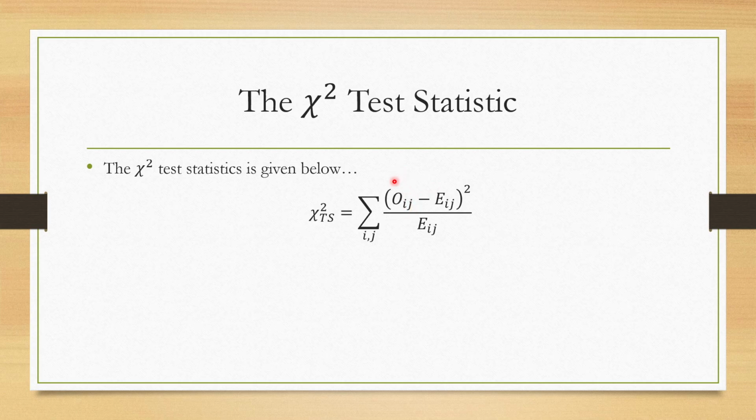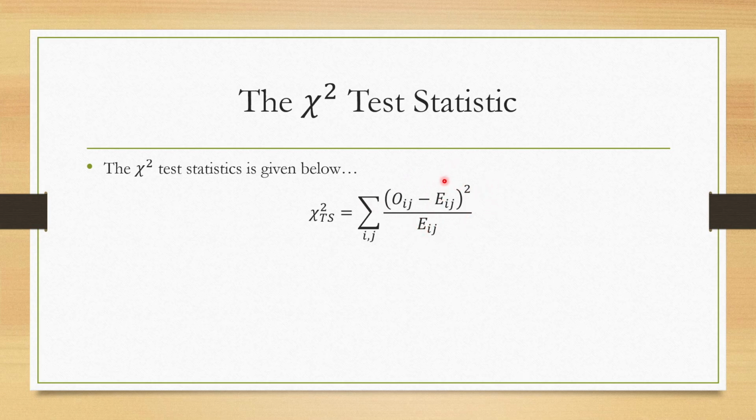Recall in the previous lecture video, we did O sub 2,1 to represent row 2, column 1. So this is just saying add up for all the rows and all the columns the value in each cell. If you think about our matrix, one entry in the matrix we'll call a cell. So the value in each cell minus what we expected to be there, squared, divided by the expected.